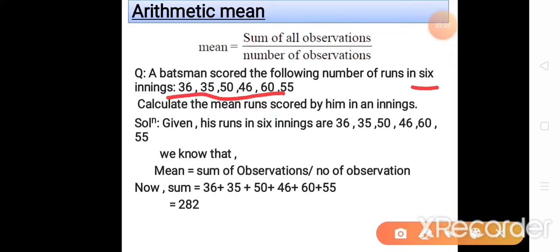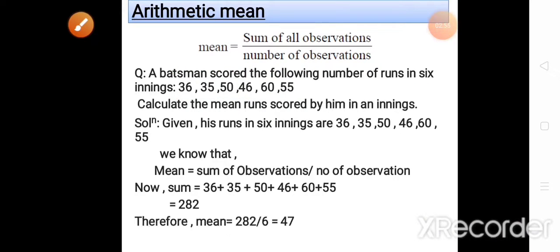Even if it is not given, it is not very hard for us to count the number of innings. They are in total 6. So we have to divide our sum 282 by the number of observations, which is 6 here. Therefore, the mean we are going to get is 47, and hence his mean runs are 47.